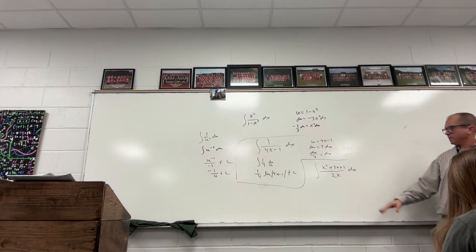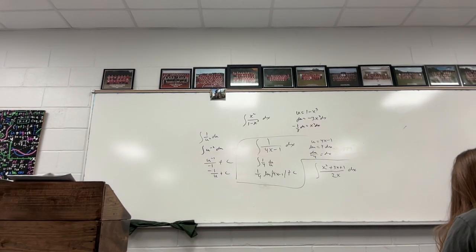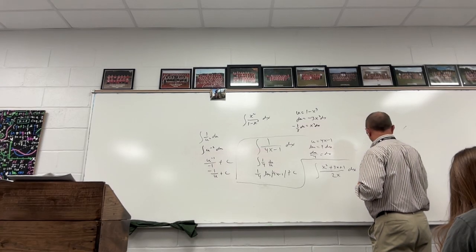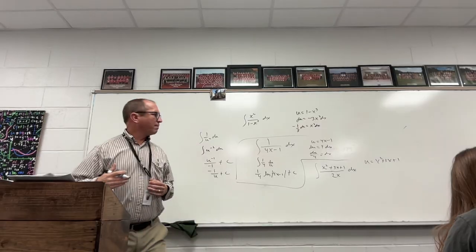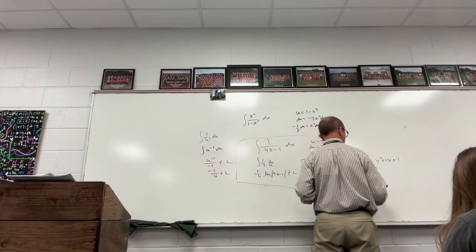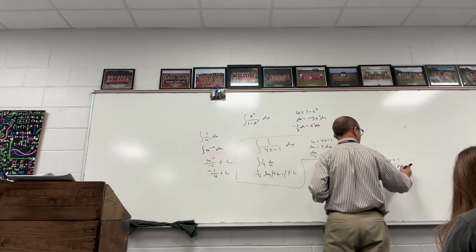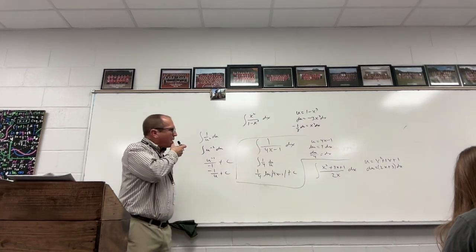So the next thing I might be thinking about doing is, hey, let's do a u substitution right here. So if you go to a u substitution here, u equals x squared plus 3x plus 1. Don't write this down because this is incorrect. Du would equal what? 2x plus 3 dx, right? Well, what runs into being our problem here?